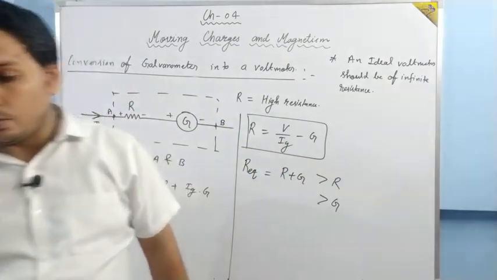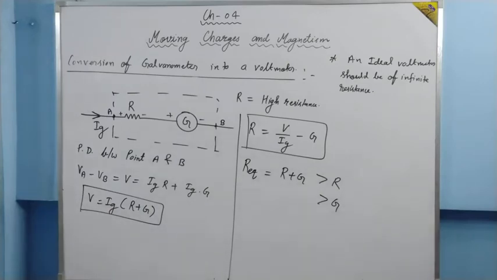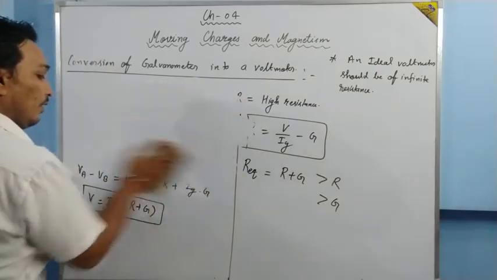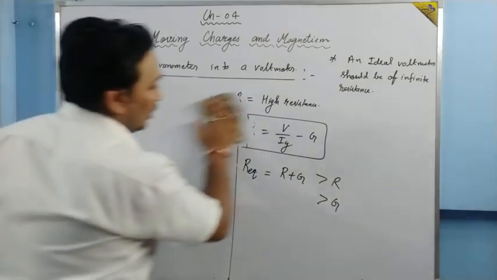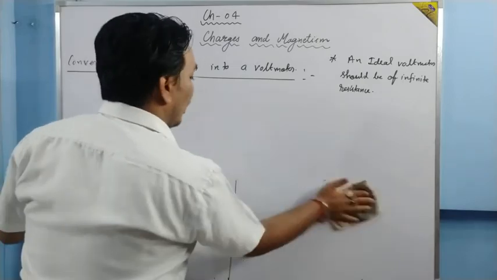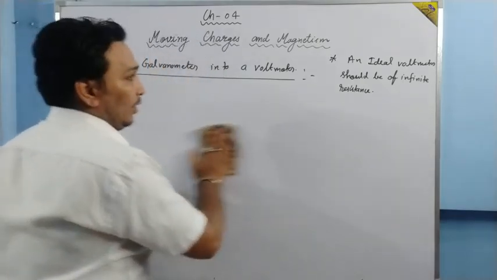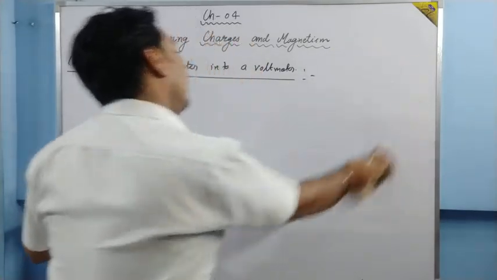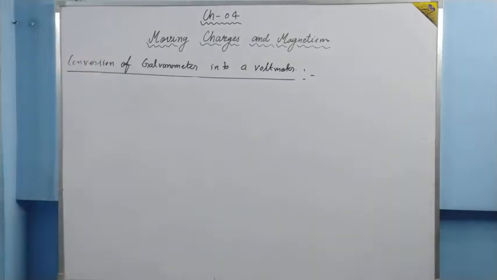Let us do a question also on the basis of this so that we can understand this topic. Remember the main formula: V is equal to Ig in bracket R plus G. Same question I am going to take. Earlier I have taken a galvanometer of resistance 12 ohm.